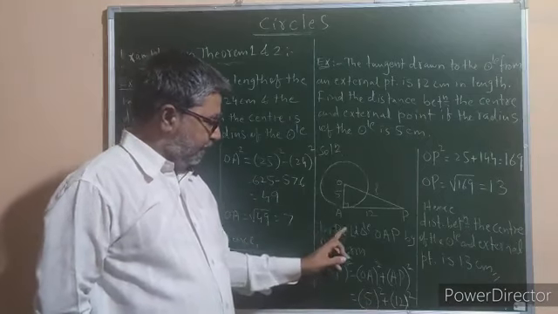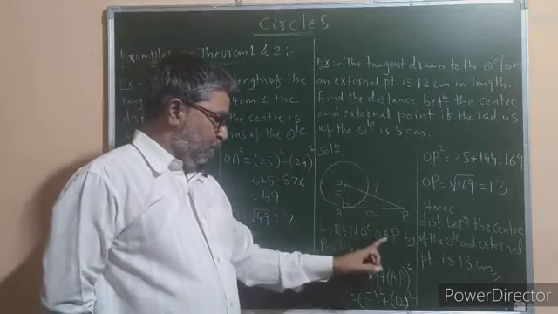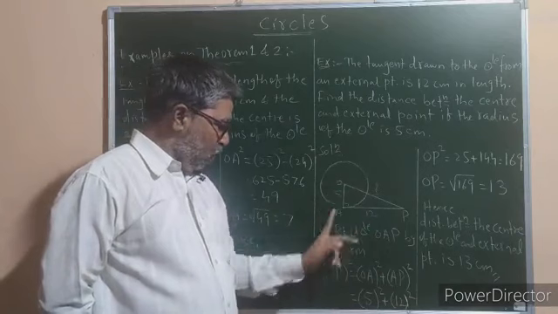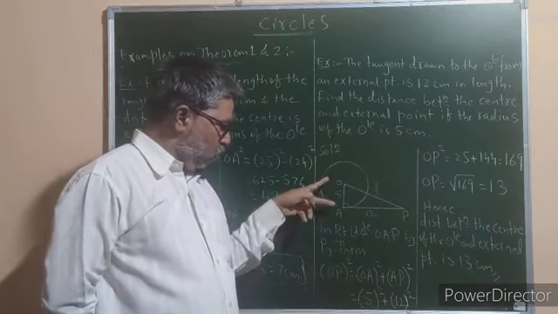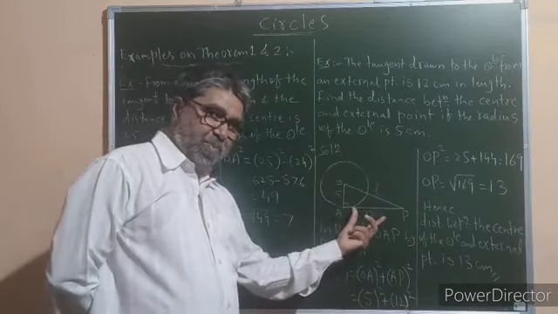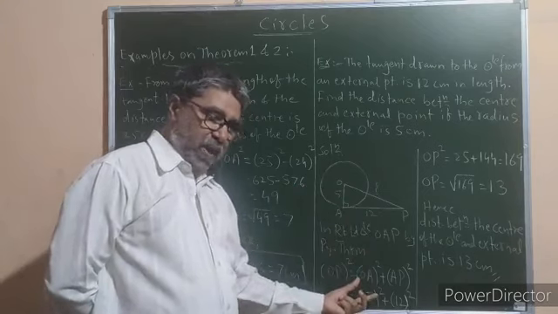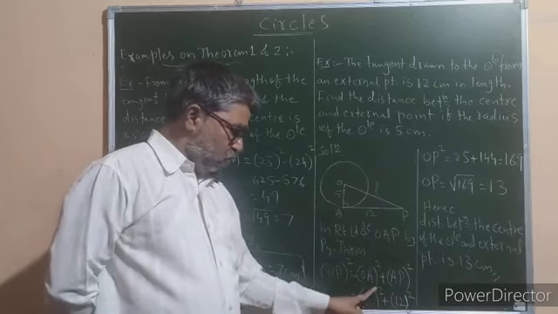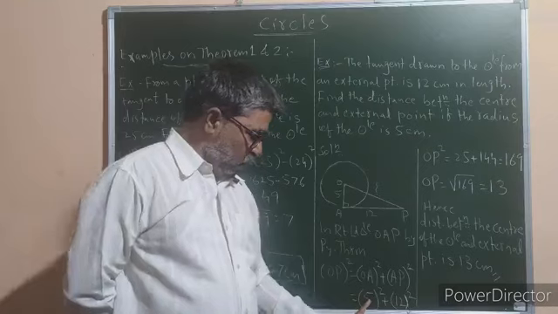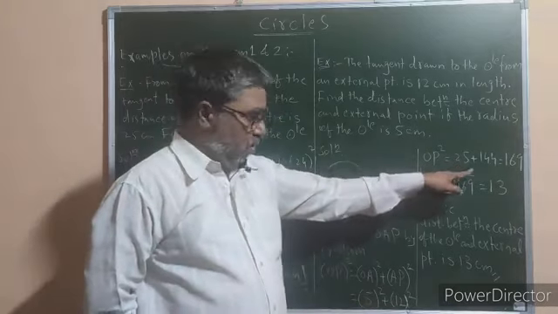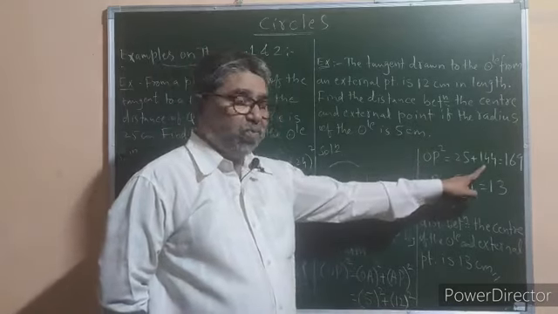Now again in right angle triangle OAP, by applying Pythagoras theorem, OP square is equal to OA square plus AP square. Substituting the values of OA and AP, 5 square plus 12 square, you know 5 square is 25 plus 12 square is 144.